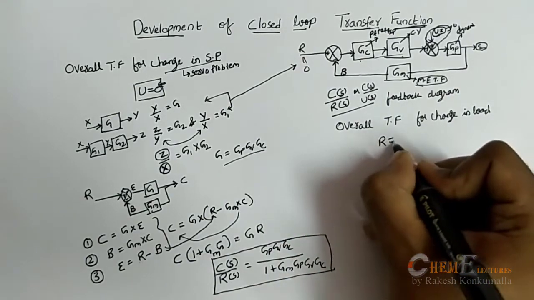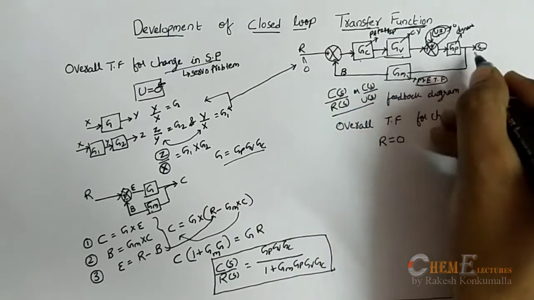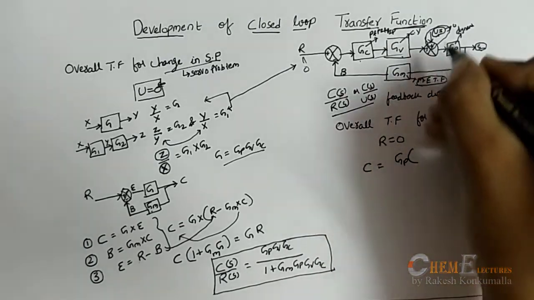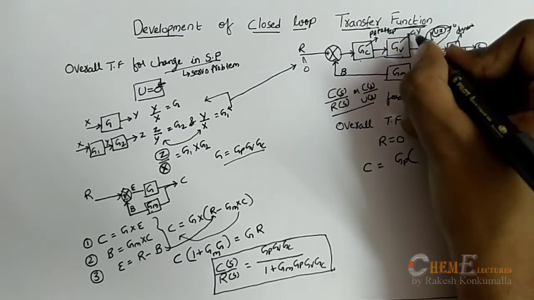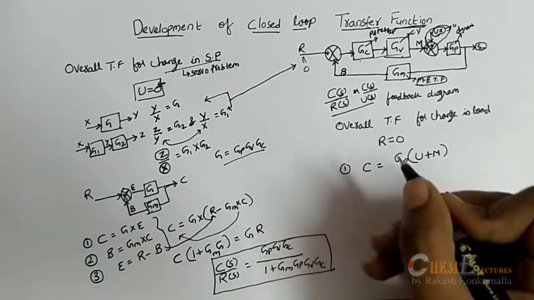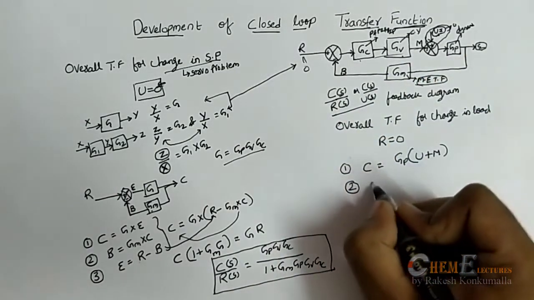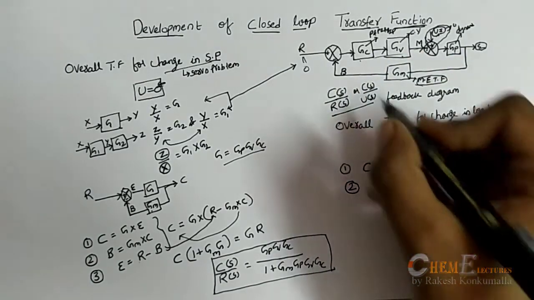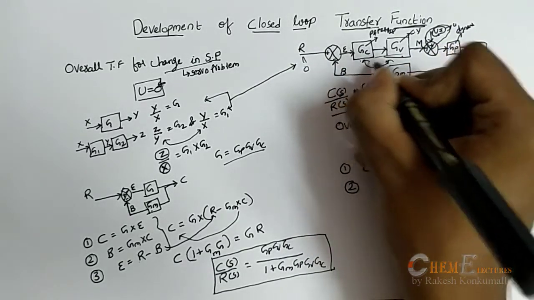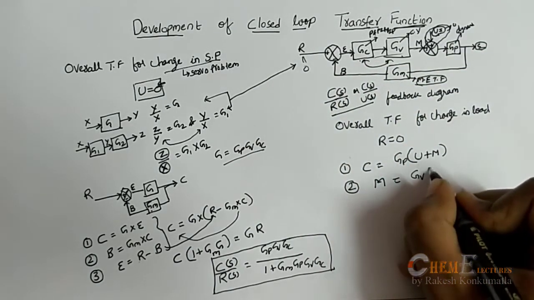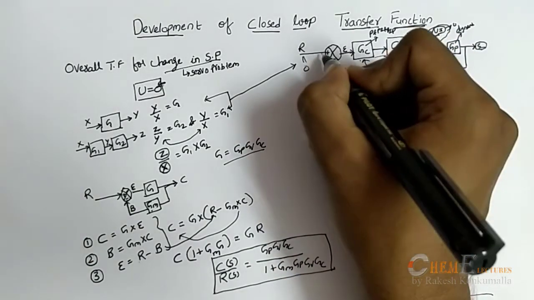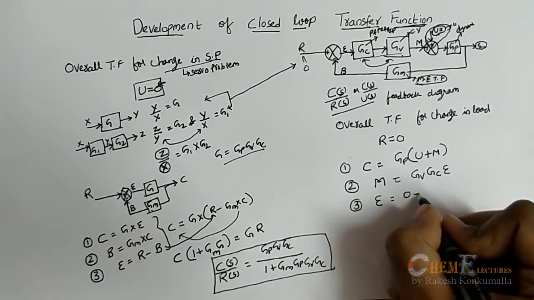So R is equal to 0, and further deducing this equation, I will get C is equal to Gp, and the comparator is having U plus, let me take this as M. So C is equal to Gp into U plus M. This will be my first equation, and the second equation will be M. If I want to write in terms of epsilon naught as input, then it is simply the multiplication of these two transfer functions, which means M is equal to Gv Gc into error, and the third equation will be to find the error, which is R, that is 0, minus B.